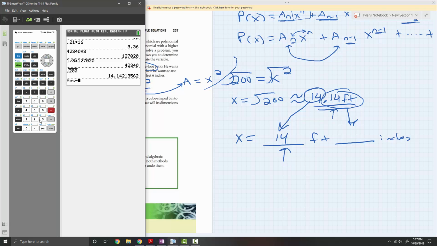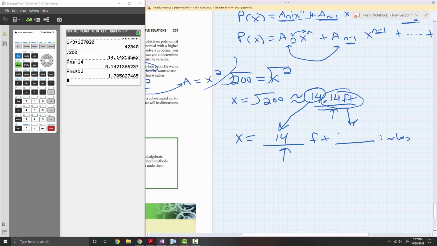So a technique we could do is take away 14 from our calculator and be left with just that decimal portion. Then if I take that and multiply by 12, that would convert it into inches, because if you know feet and you multiply by 12, it'll turn into inches. If I have 3 feet and I multiply that by 12, I get 36. So there's 36 inches in 3 feet.